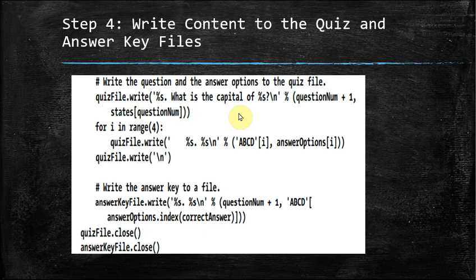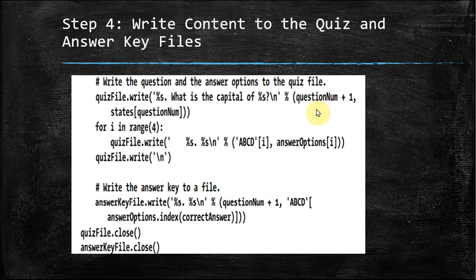So in this step, we are going to write the content to the question paper as well as your answer key files. You can see here quiz file dot write: what is the capital of percentage S? This percentage S is the first question. You have written quiz question number plus 1.